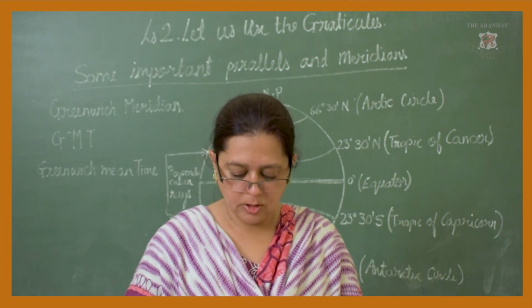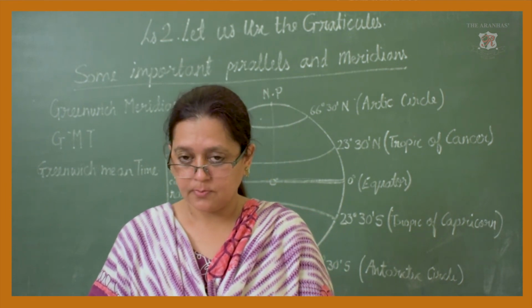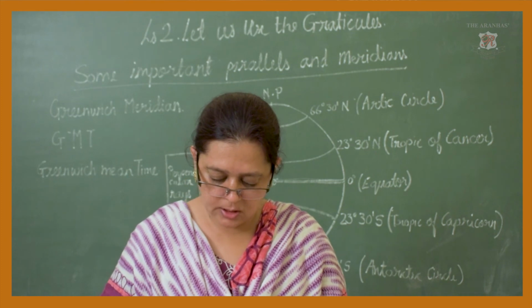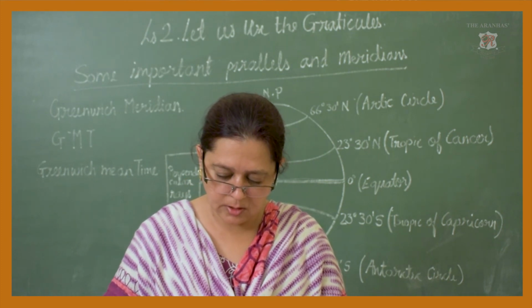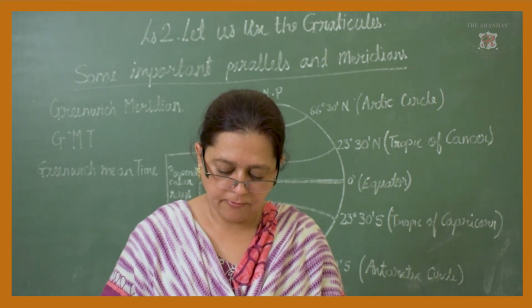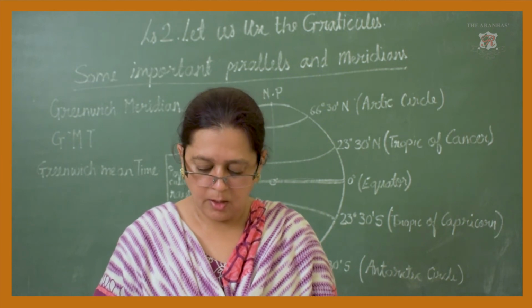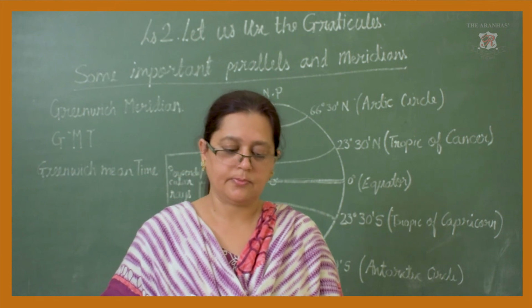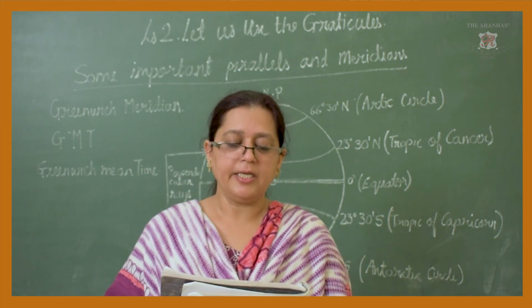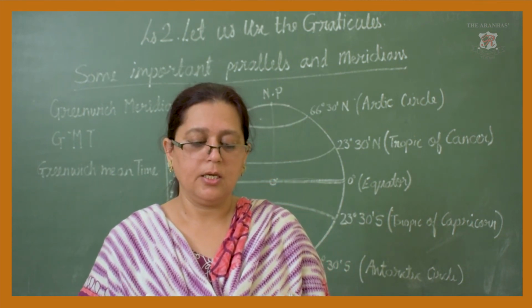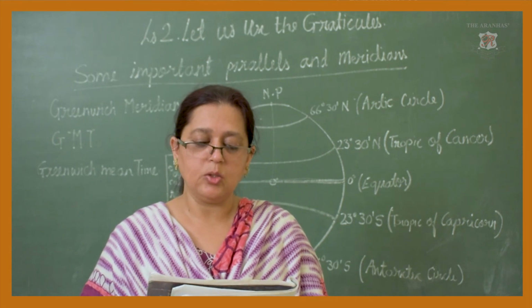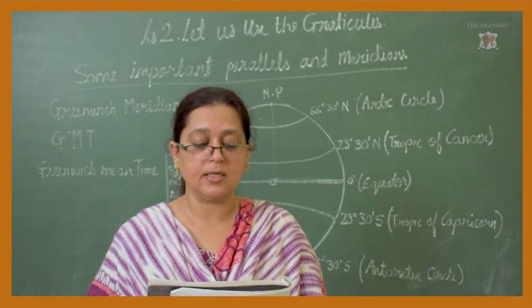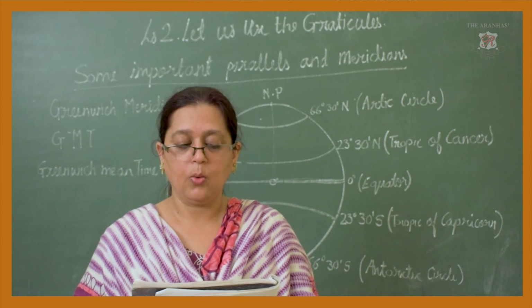Okay. So, we have finished with the questions. Now, we will proceed further. Come to page number 13. Vatican City. Vatican City is known as the smallest country in the world.